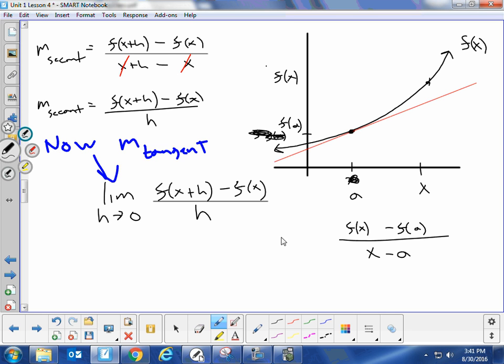We could also say this is the formula for the slope of the tangent, a being the location where you're finding the slope of the tangent. Okay?